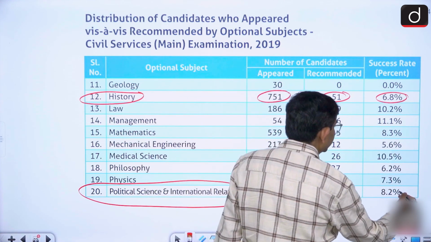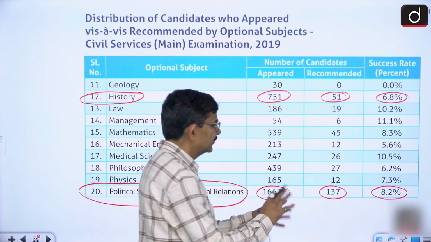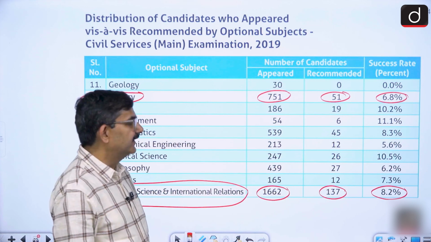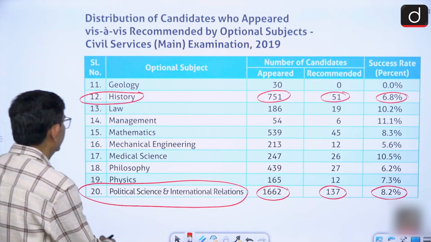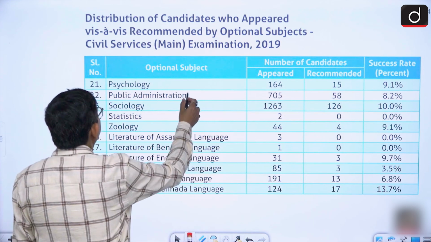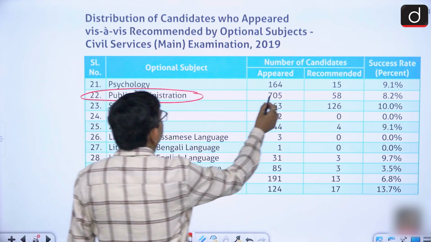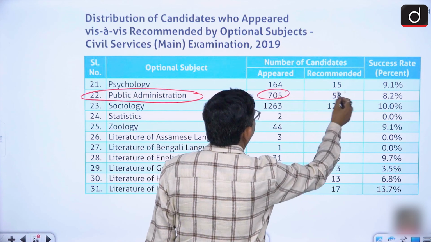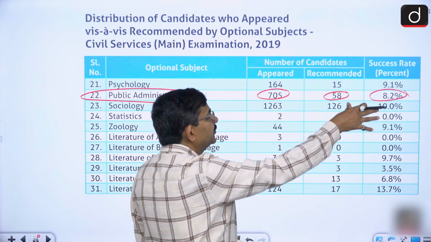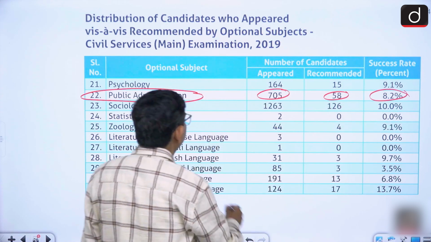Finally, the success rate is 8.2. I think the success rate is almost the same in both 2018 and 2019 for PSIR. And public administration, 705 appeared and 58 selected, 8.2%. So from 9.2%, it dropped down to 8.2%.